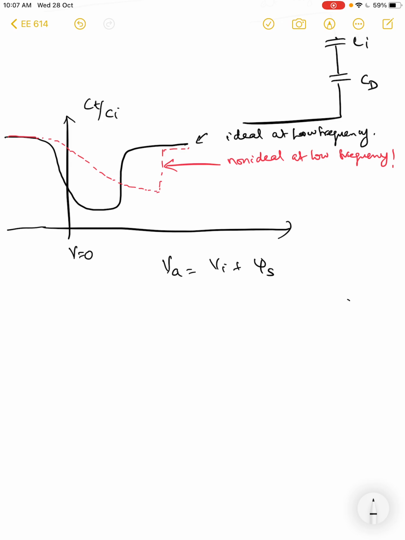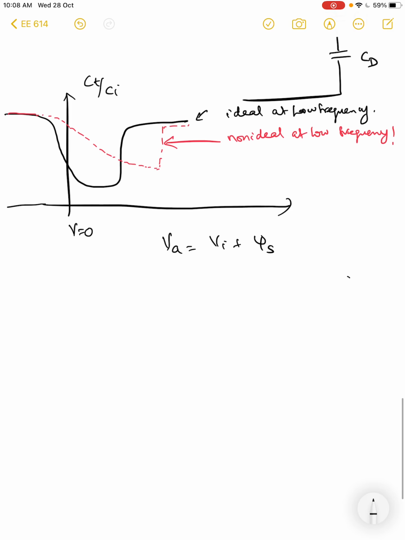Now that you have some interface charges QIT, you have some potential related to the interface charges, which is minus QIT by Cox.